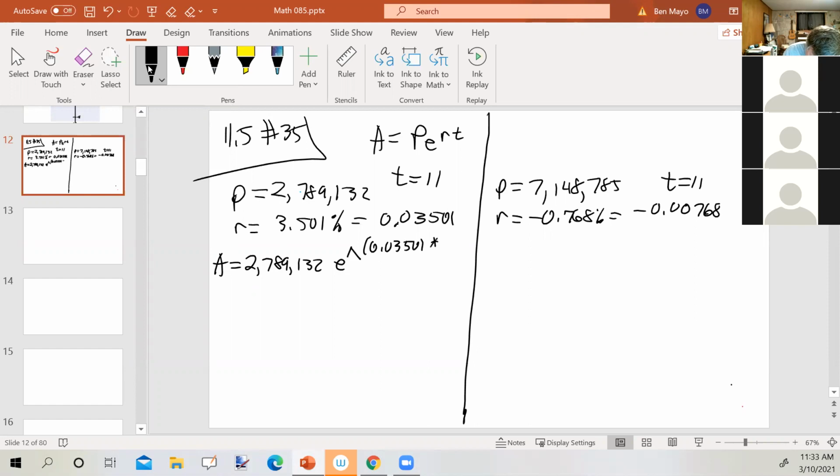Okay, so e raised to the 0.03501 times 11 power. So 2,789,132 times e to the 0.03501 times 11, and I get 4,099,399.241.